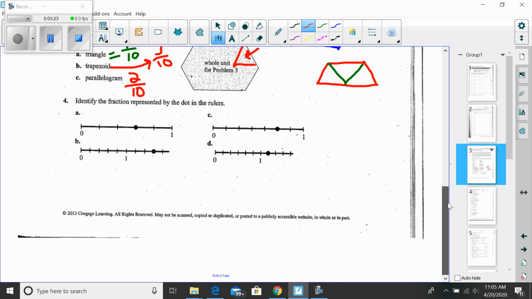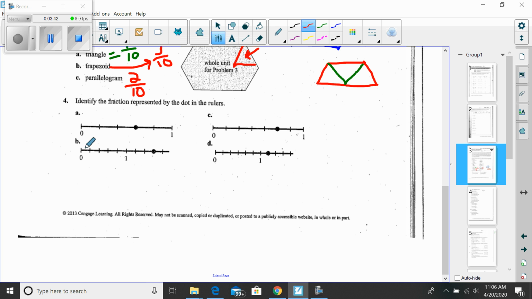Other exercises I want you to work on is number 4. In number 4, we look at, again, 1 occurs in different places. So each tick mark is relative, the value of each fraction shown is relative to where I put the 1.